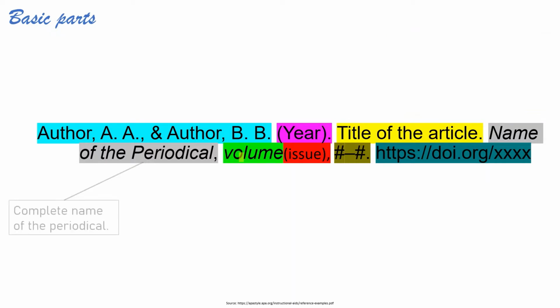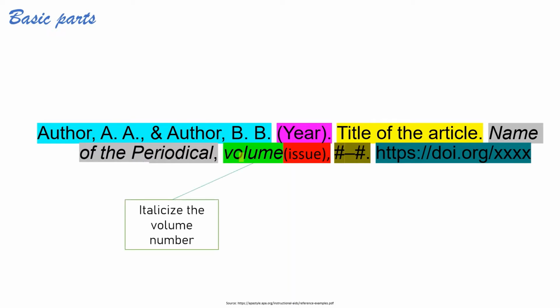Next is the name of the periodical, or where the paper was published. In this part, all major words should be capitalized. Follow with a comma and italicize. Next is the volume number.